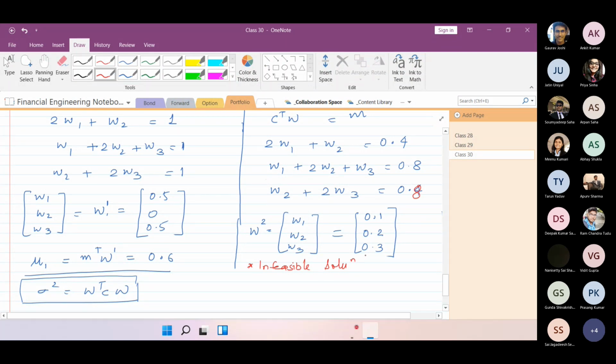Is it correct? Yes, sir. I'm saying that this is an infeasible solution. Can somebody tell me why this is an infeasible solution? The weights don't add up to 1. Correct. Here W1 plus W2 plus W3 came out to be 1, but here it is not.